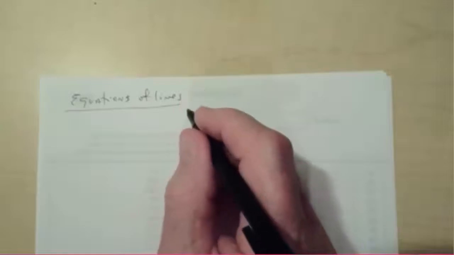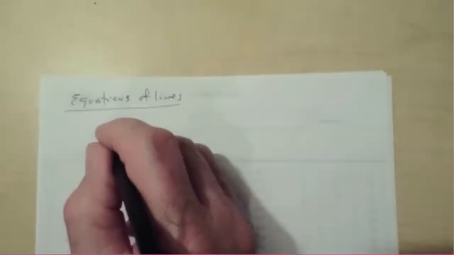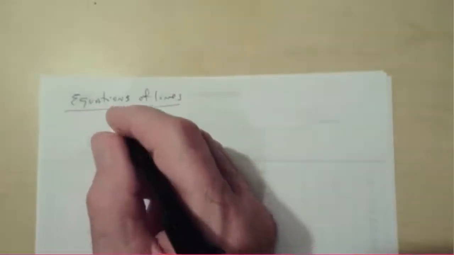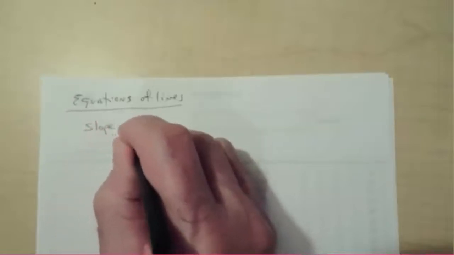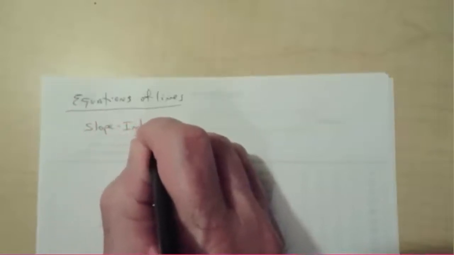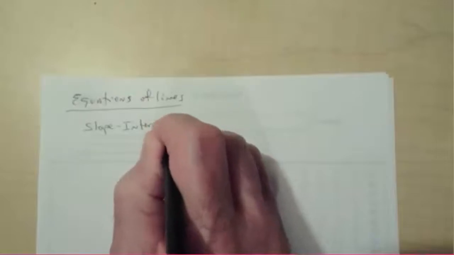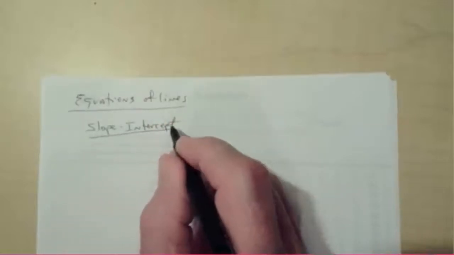First of all, the one that we use the most is slope-intercept. We use slope-intercept a lot because it tells us a lot. It tells us what the slope is and what the y-intercept is.